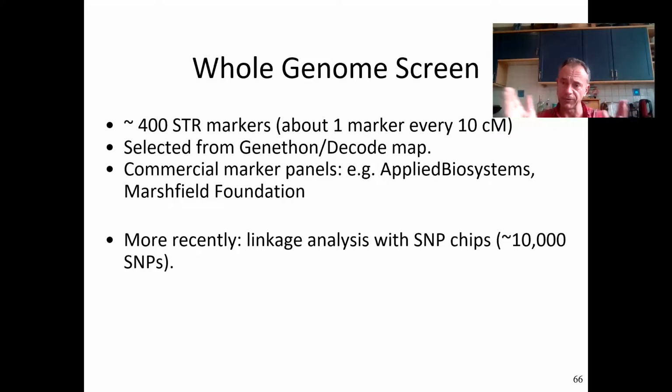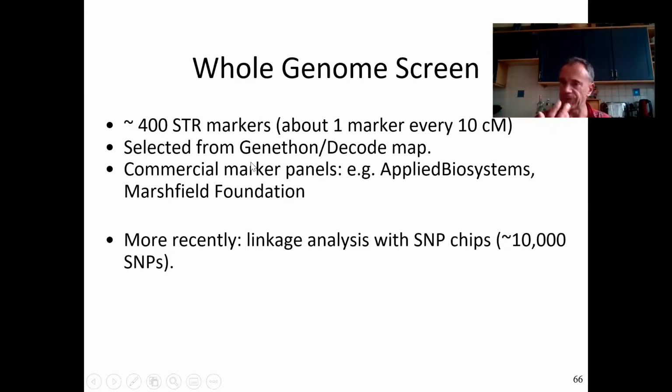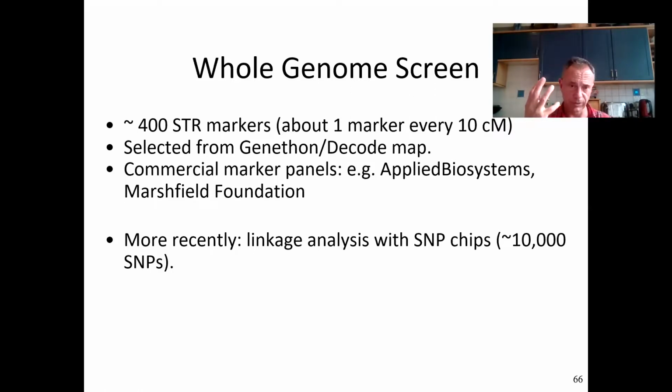You have a certain number of repeats, you count the number of repeats, and that's your allele number. There are lots of these markers, spread out over 23 chromosomes, one every 10 centimorgans or so, and you make a map of them across all the 23 chromosomes. You buy this set of markers, and you genotype them all, and you find which markers are showing evidence for linkage to your disease, and then you do fine mapping in a bit.